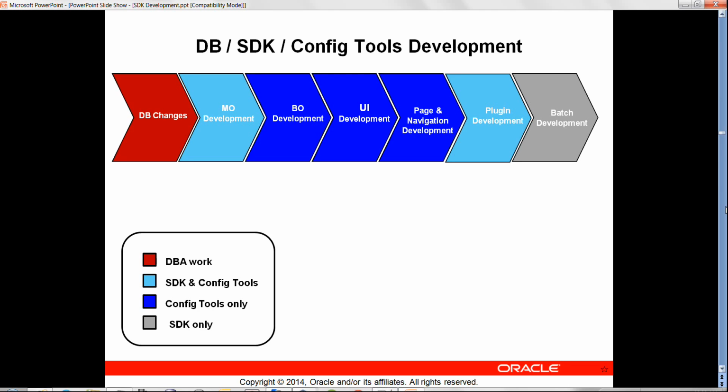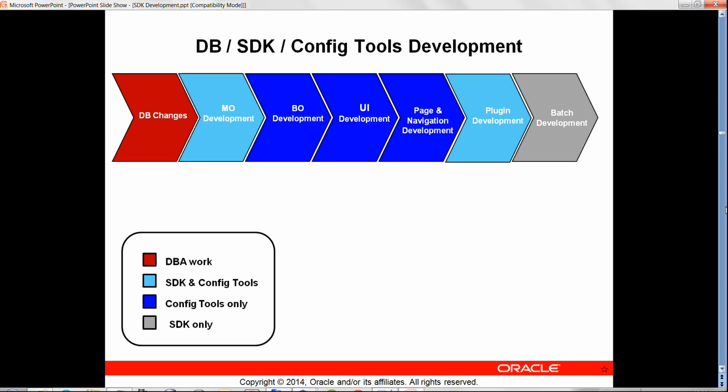And then the light blue I've shown you on MO development, there's a combination of config tools doing metadata for the table structure and a little bit of SDK work in order to create new entities for the new persistent data, as well as creating some change handlers for basic defaulting. Those parts which are shown in royal blue are really very much config tools work, very necessary for any new development that you need to do.